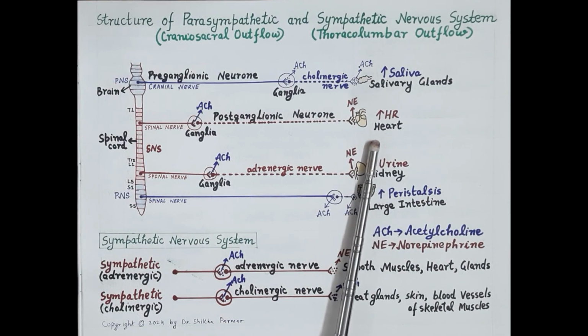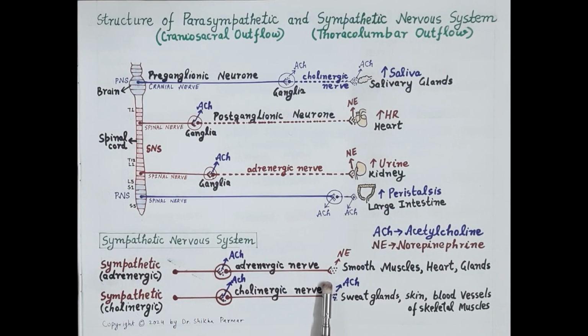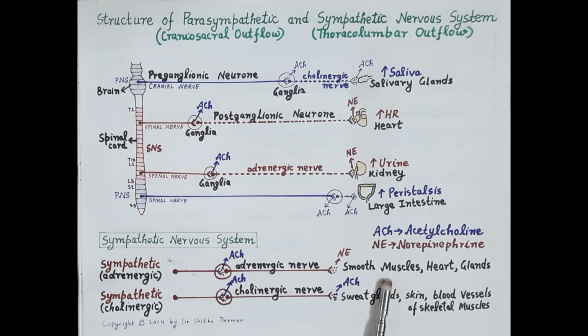Now at this point it is important to understand one more structural or anatomical characteristic feature of the sympathetic nervous system. So look at these two figures. As we have already studied, in the sympathetic nervous system, norepinephrine or noradrenaline is released at the target organ. As you can see here, on the smooth muscles, heart and the gland, it is norepinephrine that is released, and norepinephrine will produce its action on these structures.